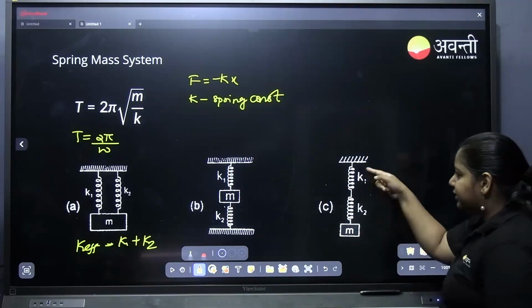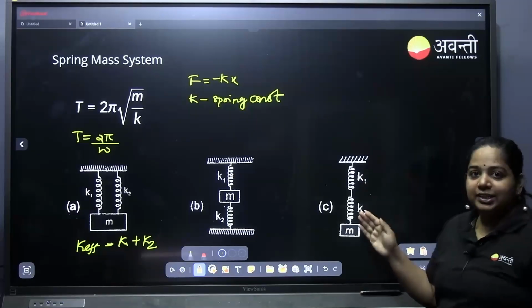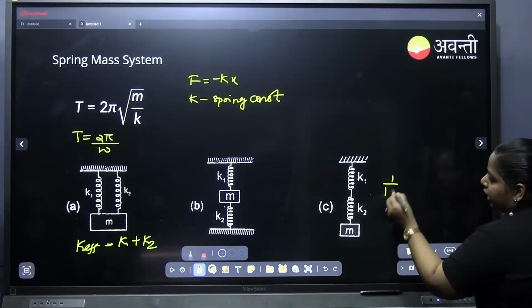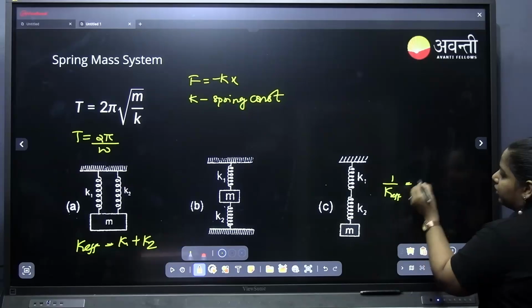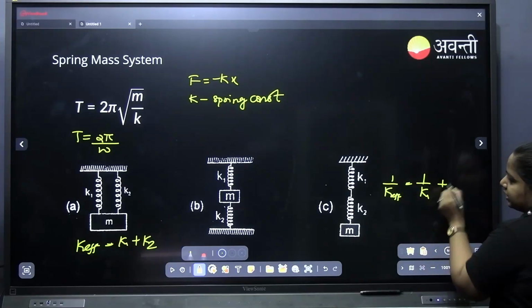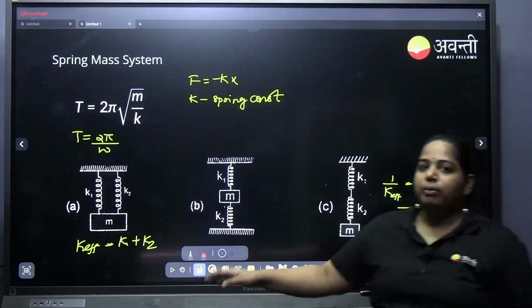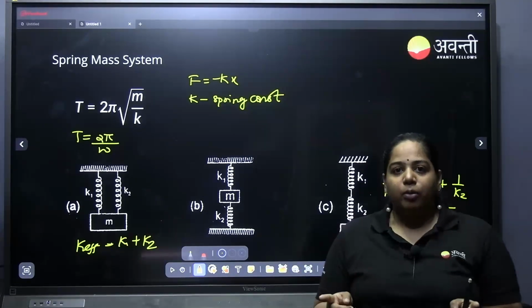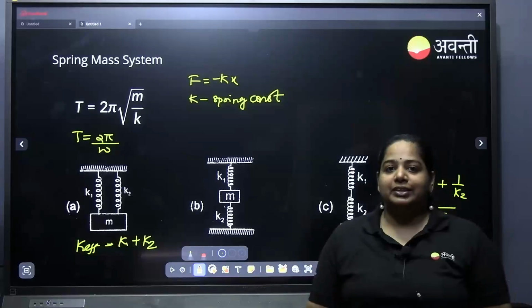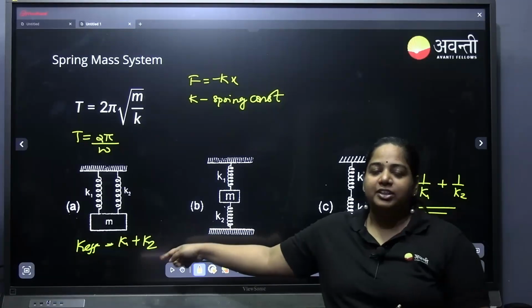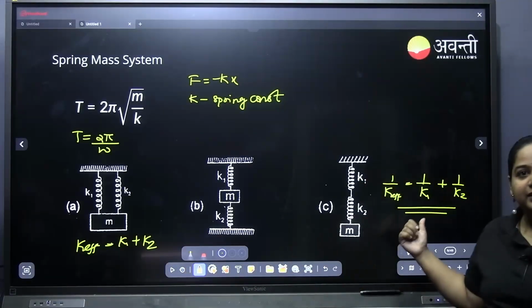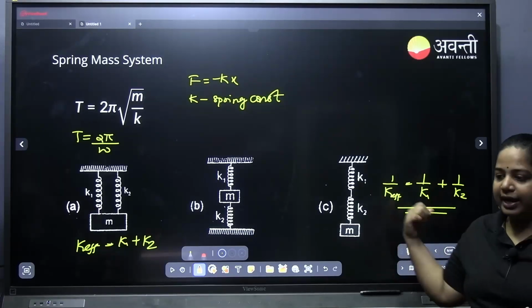For a series connection, 1 by k effective equal to 1 by k1 plus 1 by k2. Parallel connection, directly adding; series connection, reciprocal adding up.